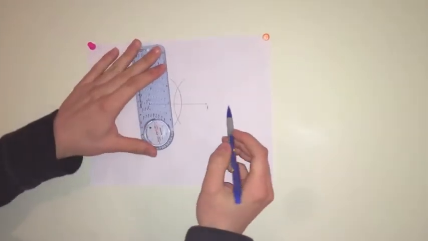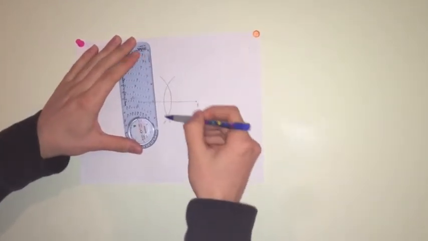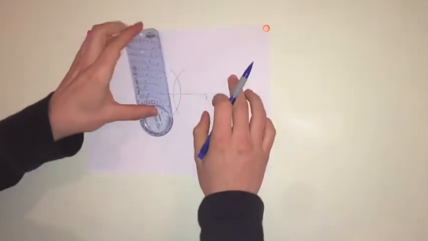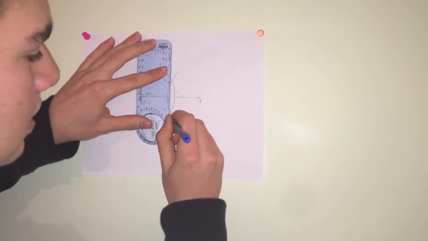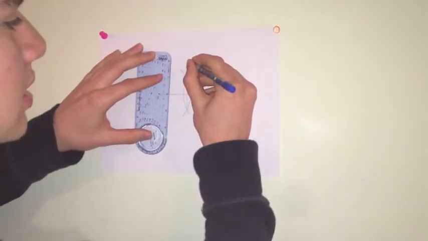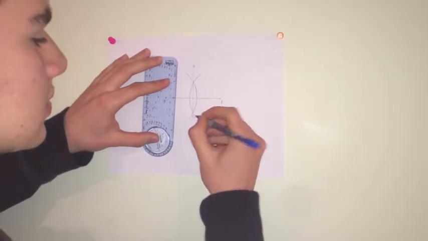As you can see, we have 2 arcs that crisscross and 2 points that are over the middle of the segment. You draw a line going through the 2 points, and you have your perpendicular line.